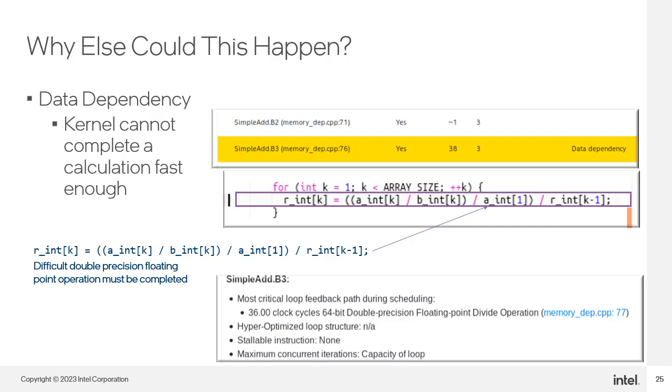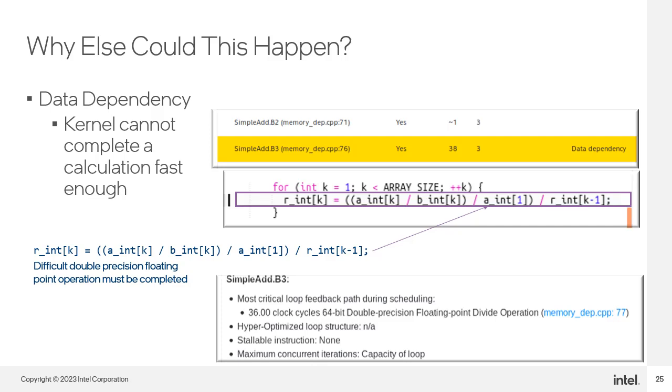This means that the kernel cannot complete a calculation fast enough. The report we have here shows an II of 38, which is also a high II compared to II equals 1 for best performance. The details section has it that data dependency is responsible for this. When we inspect the code, we can see that the compiler is having to perform difficult double precision floating point operation, waiting on 4 divide operations to finish first before it is able to perform the next divide.